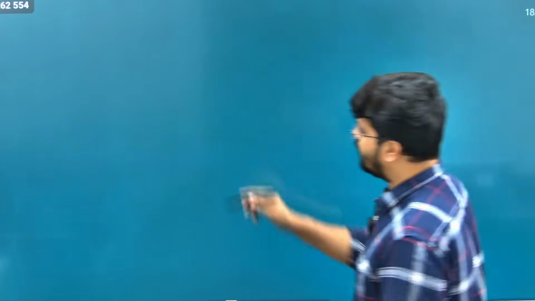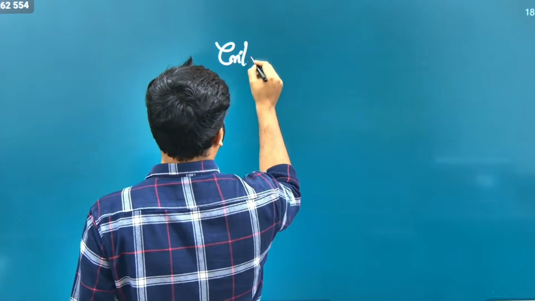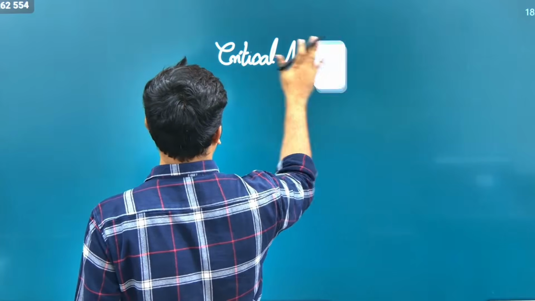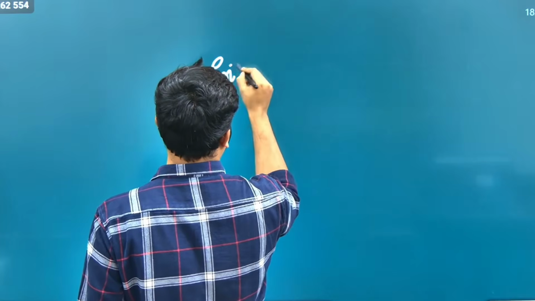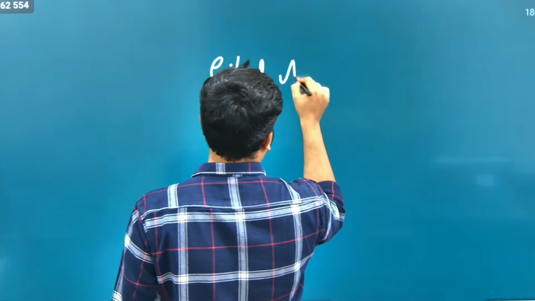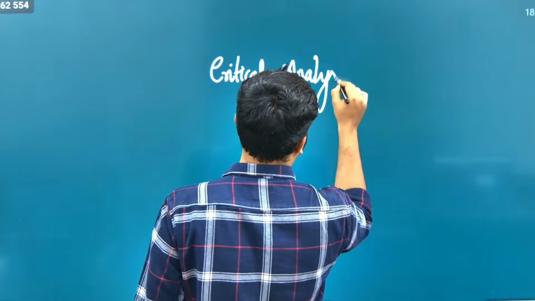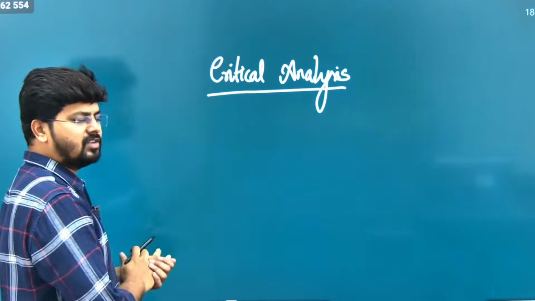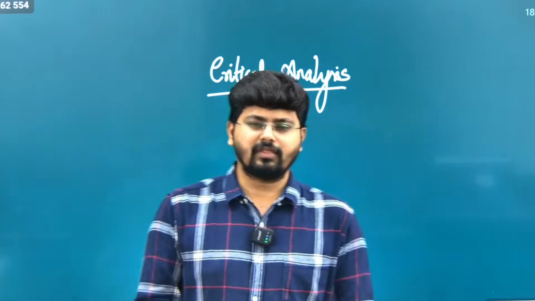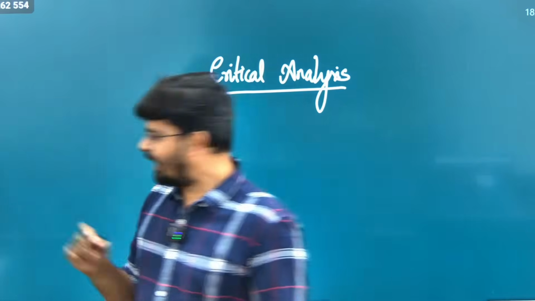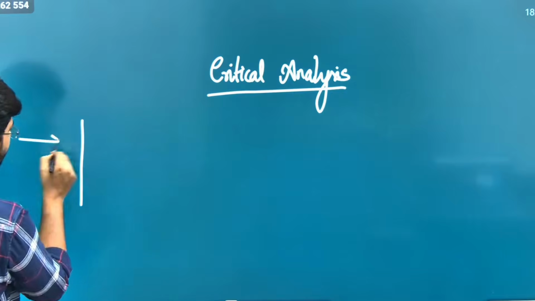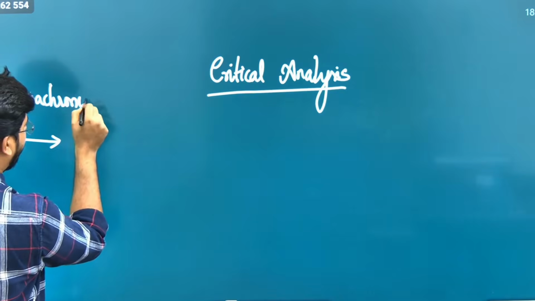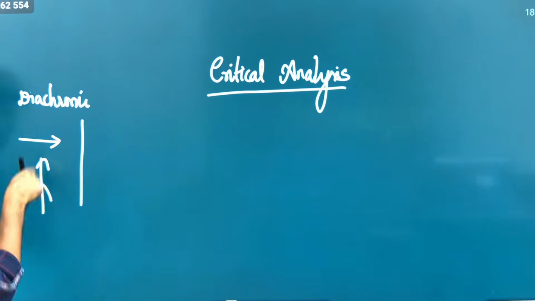But, however, there are critics or critical analysis. First thing, Malinowski's functionalism, or we have already seen functionalism as a school, they came to oppose the diachronic approach. That means the diachronic approach is studying the history, trying to study the timeline from the past to present.